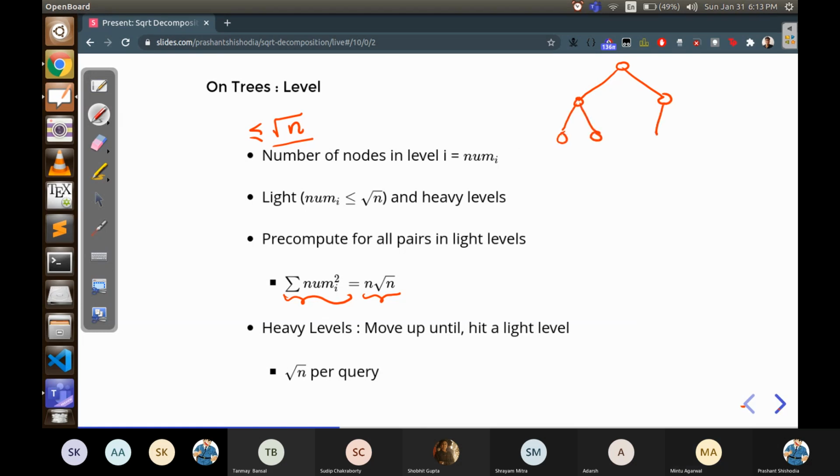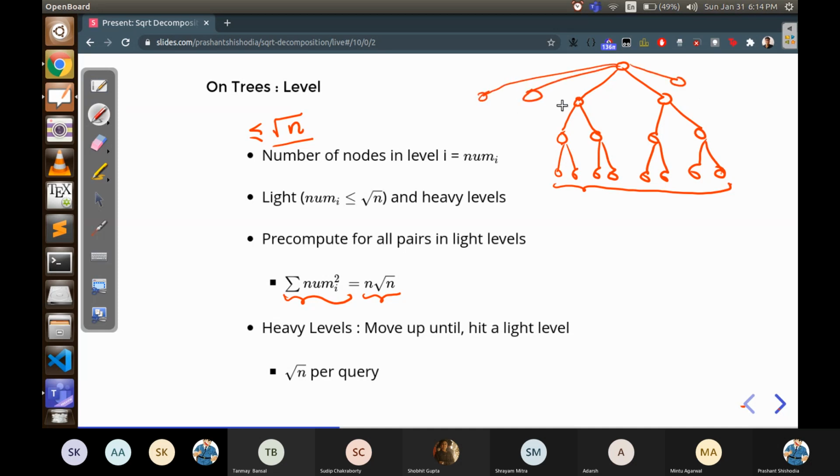So suppose I'm on the ith level, and the ith level has all these vertices. So I have the answer pre-computed for all the levels above that are light. Suppose if I add many vertices here, suppose this level is not light, this is heavy. There are many vertices there, and this level is light, and this is also light.